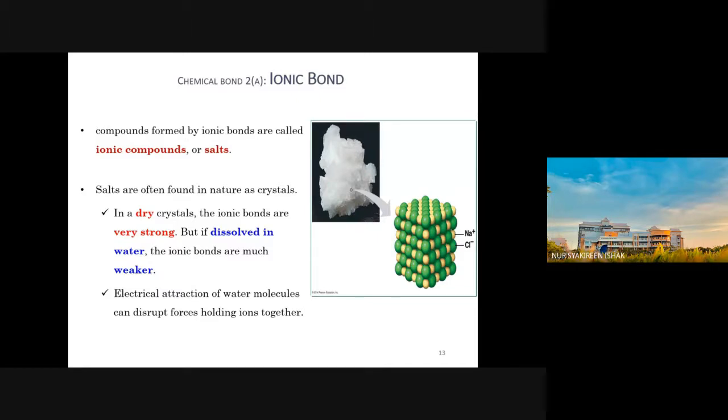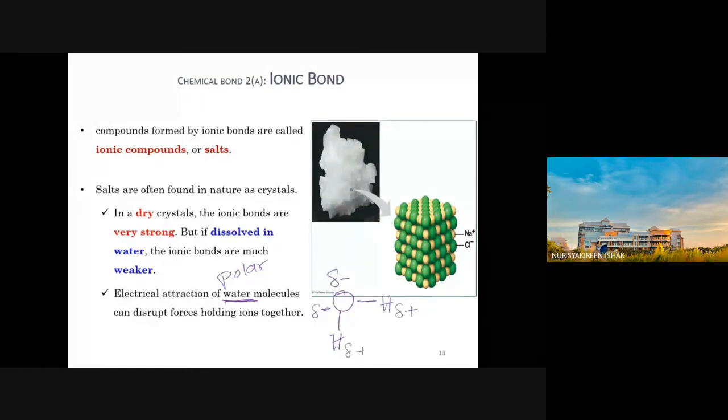This is due to the property of water, where the water molecule is polar. As you know, this is a water molecule. The oxygen region will have a partial negative charge, and the hydrogen region will have a partial positive charge.